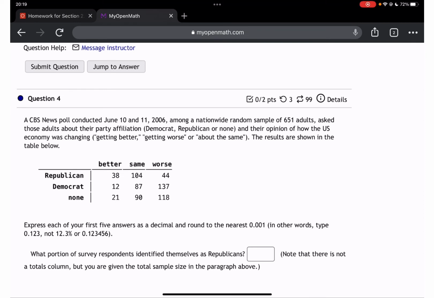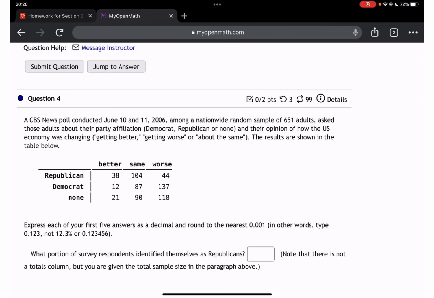What do we have next? A CBS poll conducted June 10th and 11th, 2006 among a nationwide random sample of 651 adults asked those adults about their party affiliation, Democrat, Republican, and their opinion of how the US economy was changing, and so on.